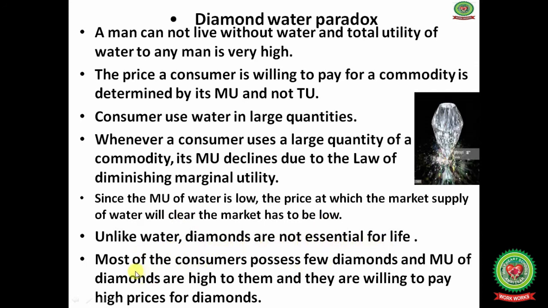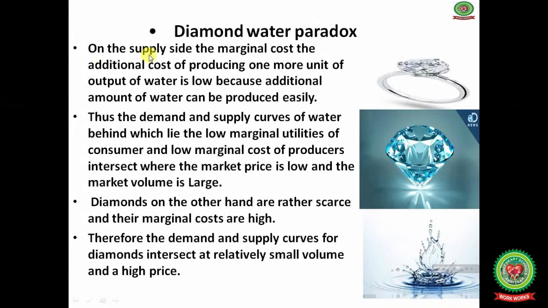Unlike water, diamonds are not essential for life. Most of the consumers possess few diamonds and the marginal utility of diamonds is high to them, and they are willing to pay a high price for diamonds. On the supply side, the marginal cost, the additional cost of producing one more unit of output of water, is low, because an additional amount of water can be produced easily.